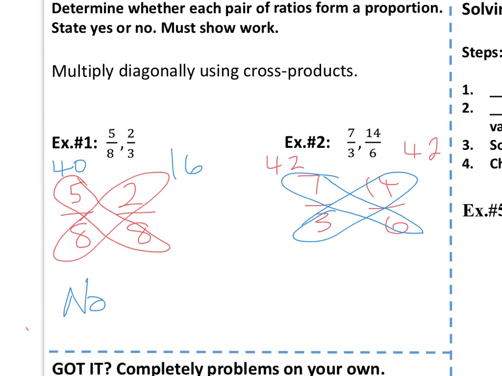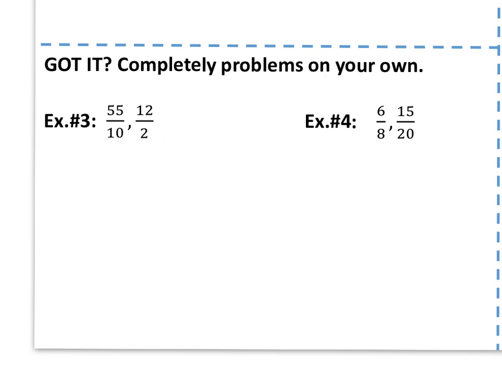Now, since our answers ended up being the same, we know that they are equivalent to each other. So 7 over 3 is equal to 14 over 6, making them equivalent fractions, and yes, they are proportional. So our answer is yes. Go ahead and take a couple of minutes and complete these problems on your own.